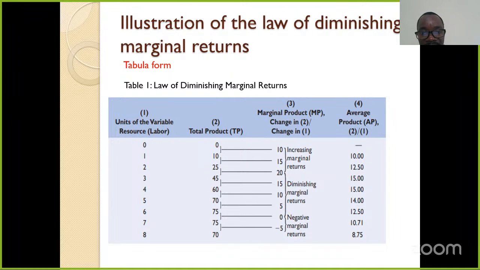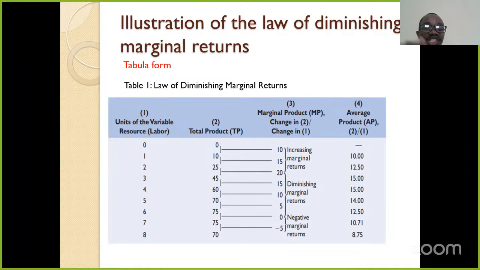Now from 2 to 3, the difference starts to dwindle. Rather, from 3 to 4, we can see that now the difference is 15, then 10, then 5, then 0, then negatives.